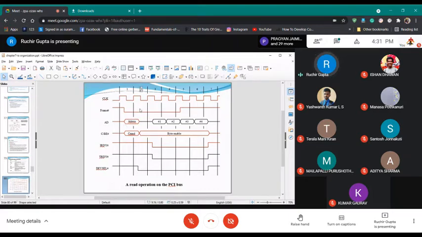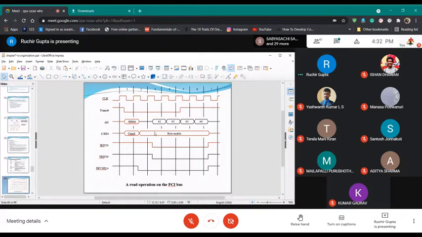Now cycle 2 is only doing one thing. The address line will be converted to data line. You know that these are actually the same. So from now onwards, whatever there is will be in the form of data. And then from cycle 3, you can see that data is coming over this.